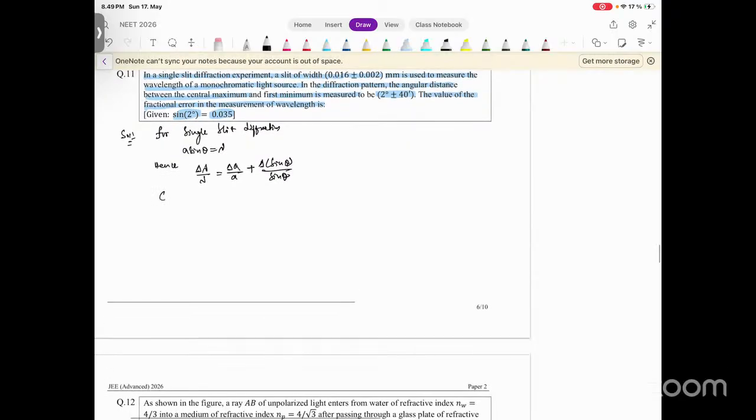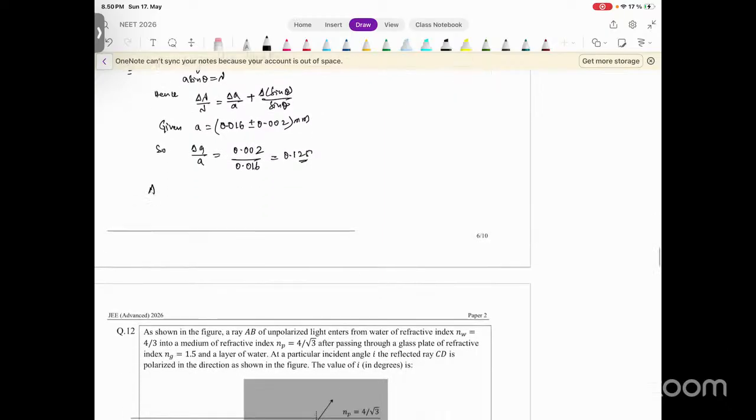Given a is 0.016 plus or minus 0.002 mm, delta a by a equals 0.002 divided by 0.016, which is approximately 0.125.